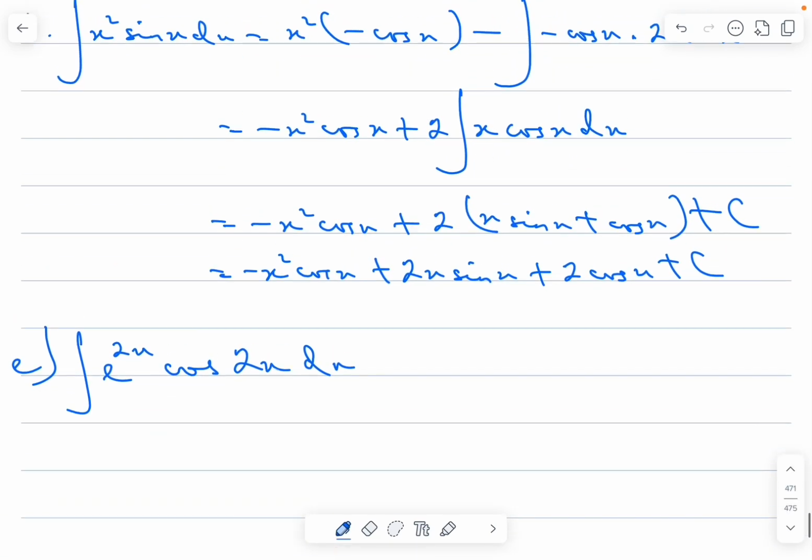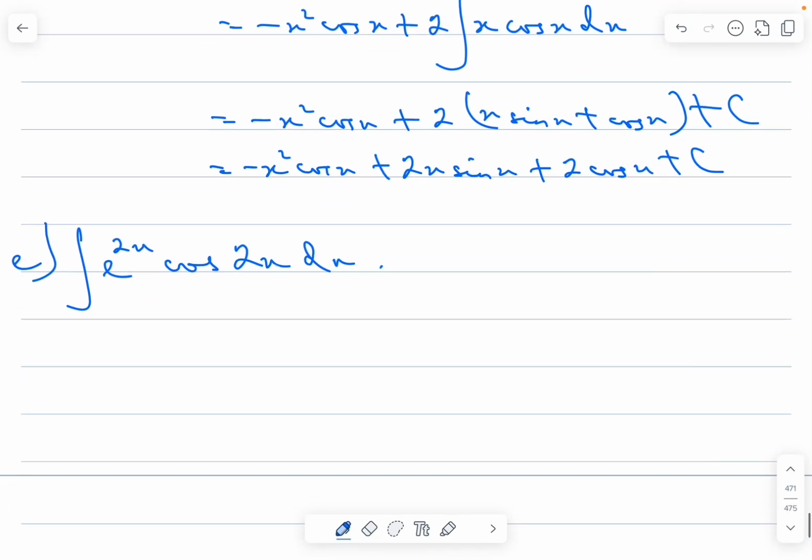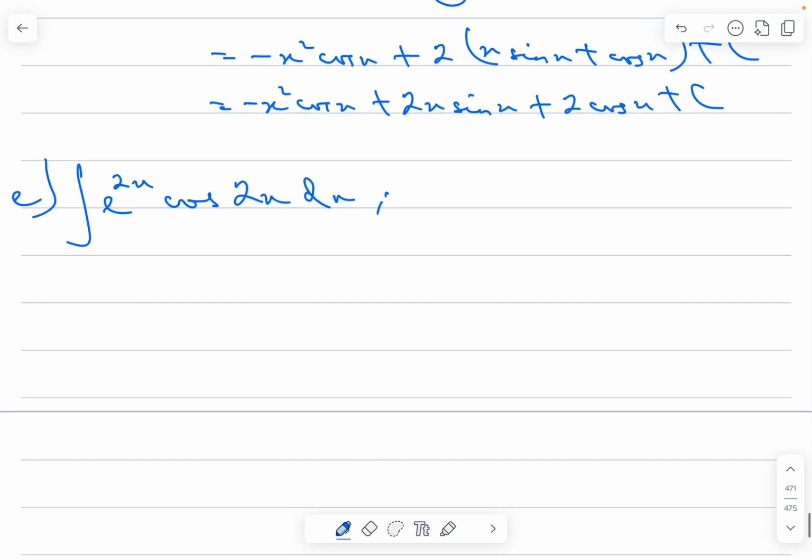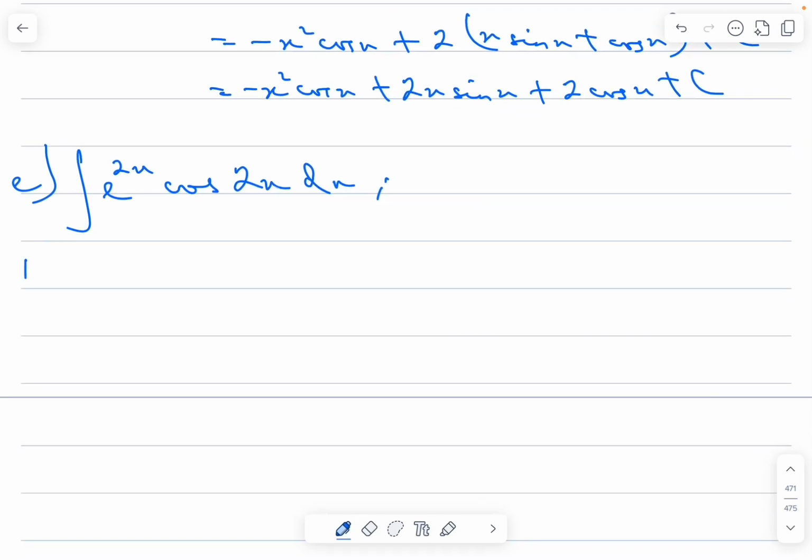Now to E, evaluate the integral of e raised to power 2x cos 2x. Let u be equal to e raised to power 2x and dv be cos 2x dx.